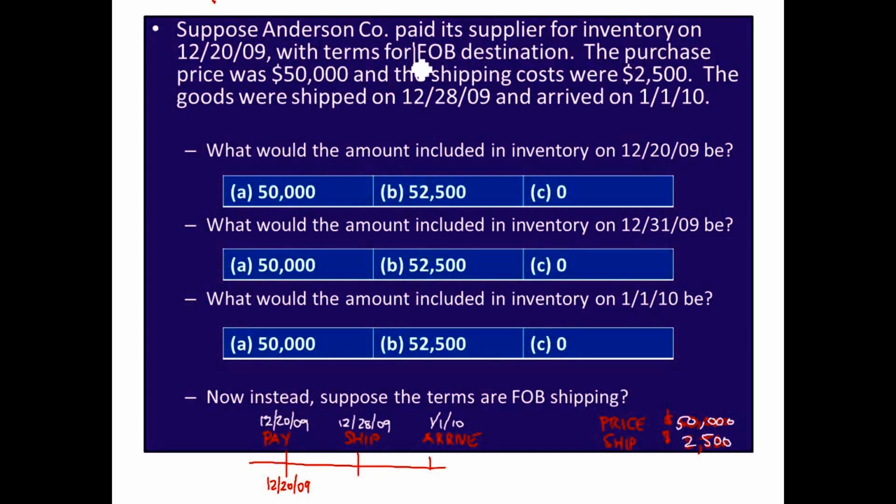Okay? Now, on 12/31/09, what would be the amount included in their inventory? Okay, would it be 50,000, 52.5, or 0?